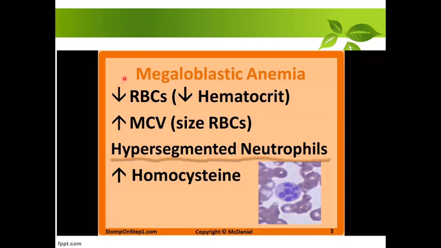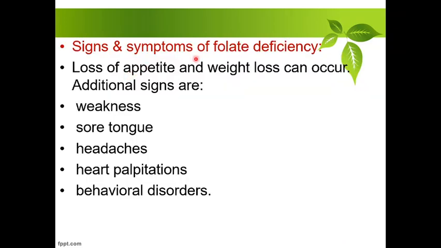It is leading towards the heart problems. Signs and symptoms: loss of appetite, weight loss, weakness होती है, sore tongue, खट्टी खट्टी सी जबान का जो मज़ा होता है, ये टेस्ट जो होता है ना, खट्टा खट्टा होता है, headache होता है, heart palpitations होती हैं, and behavior disorders, because it is required for the proper functioning of the brain.